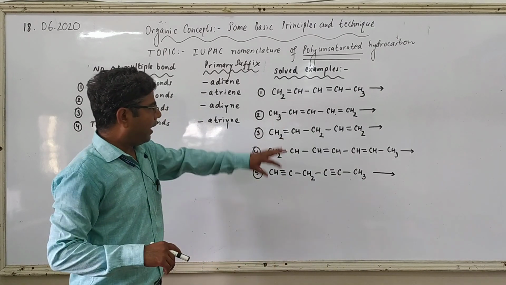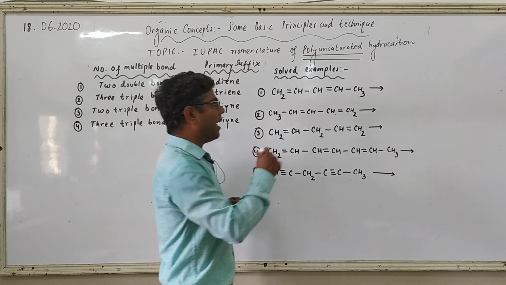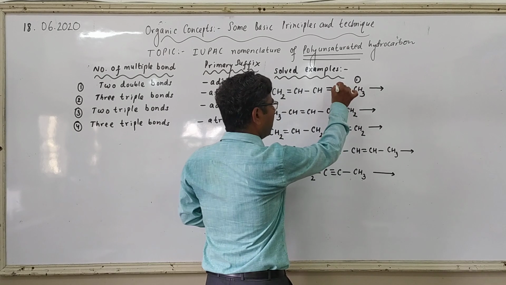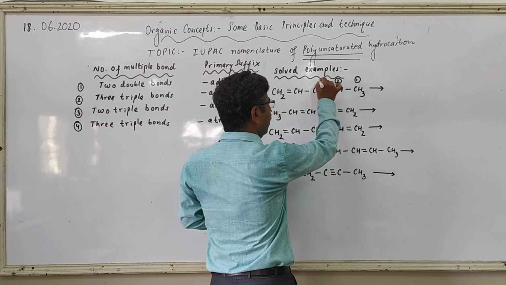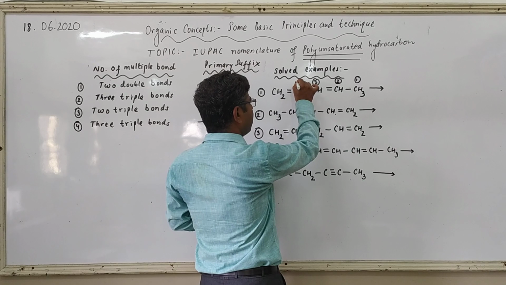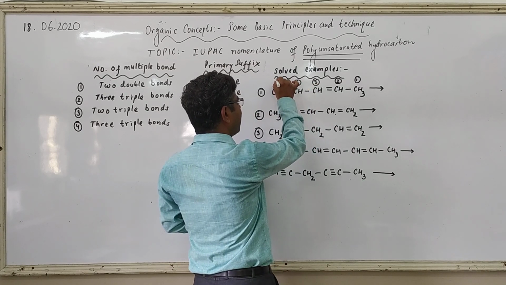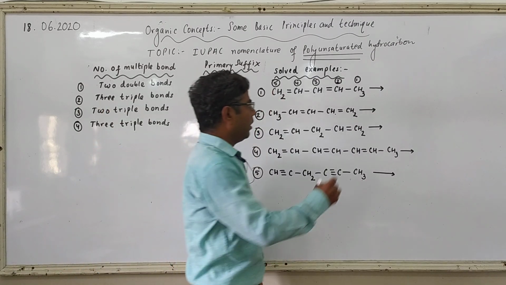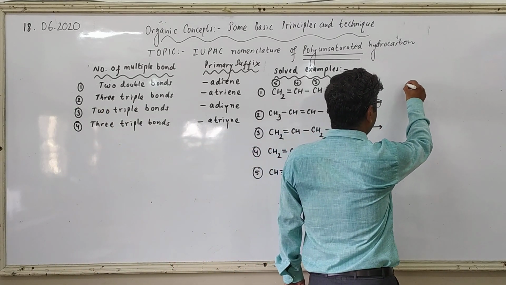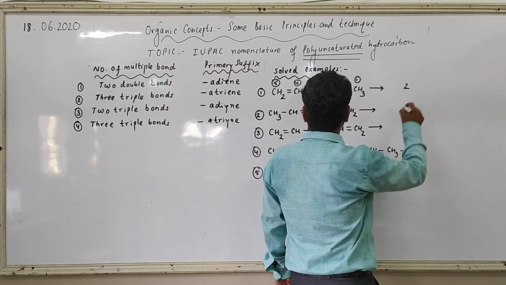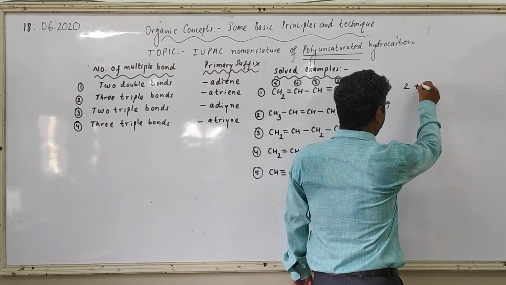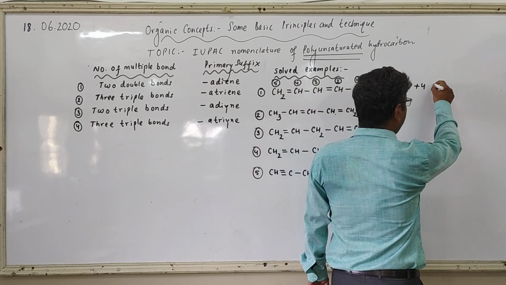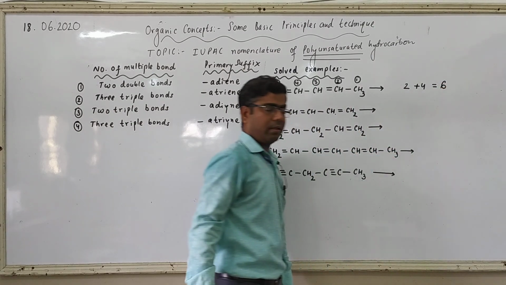For example, in case number first, if I start my counting from the right hand side, this will be carbon number 1, this will be carbon number 2, this will be carbon number 3, carbon number 4, and this will be carbon number 5. Now, the first double bond is located on carbon number 2, the second double bond is located at carbon number 4, so the sum of the positions of the double bonds gets value 6.